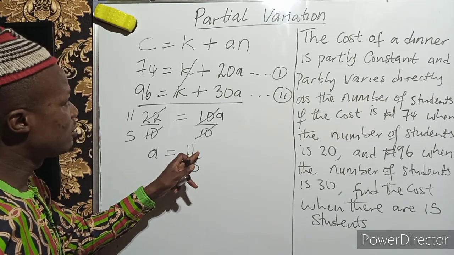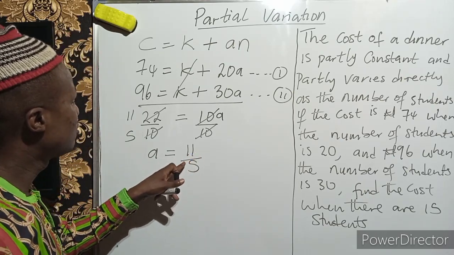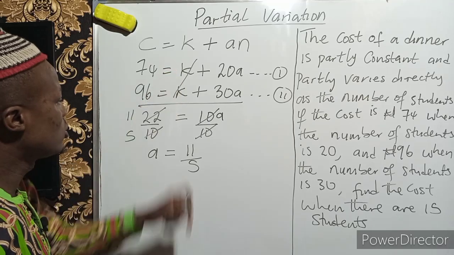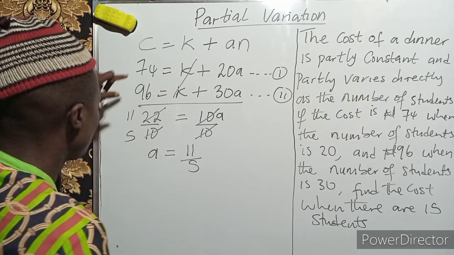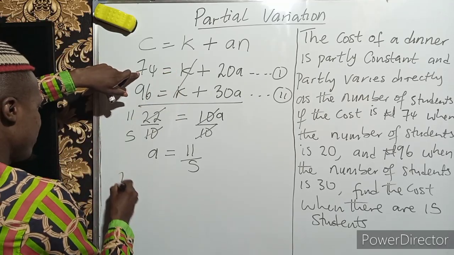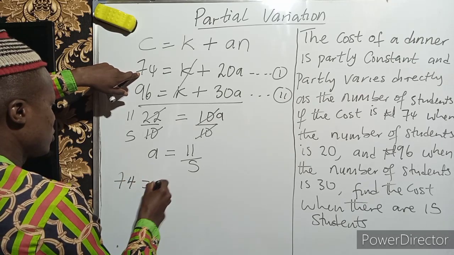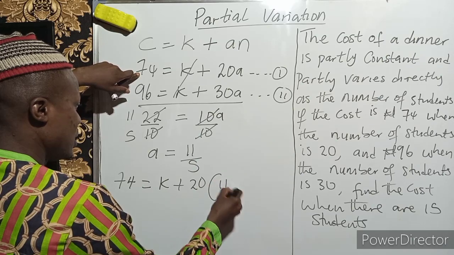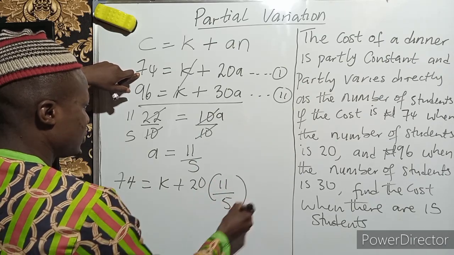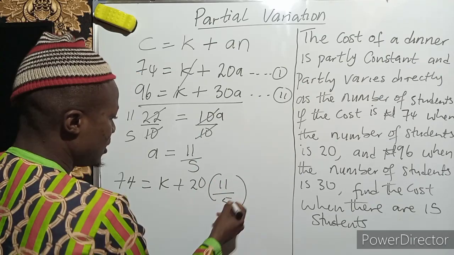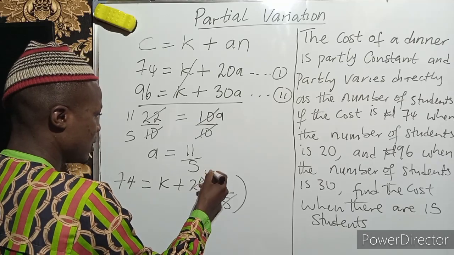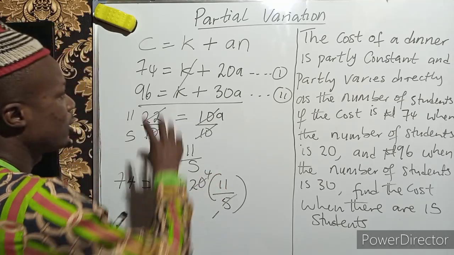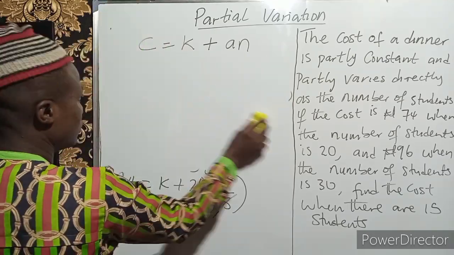So since A is 11 over 5, I can put this 11 over 5 in any of the equations to get the value of K. So let's do that. In equation 1, I have 74 equals K plus 20 bracket 11 all over 5. This is now representing A. 5 here is 1, 5 here is 4. Let me clean up here for continuation.